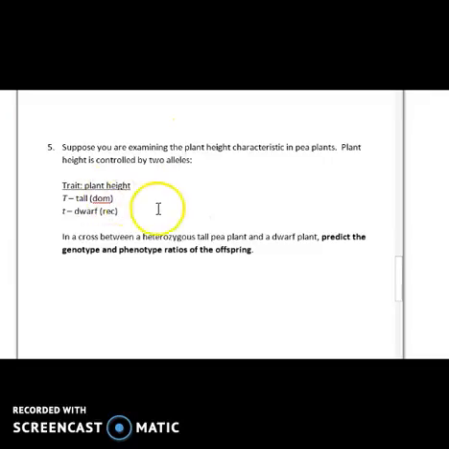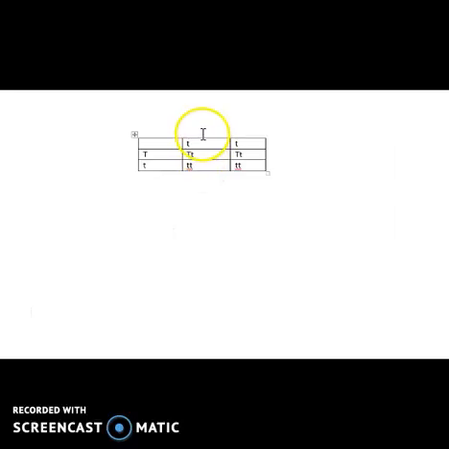Let's see, we have a heterozygous tall and a dwarf. Since the dwarf is recessive, we know the genotype would be tt, or lowercase t, and heterozygous tall will be T uppercase, lowercase. So when you do the cross, you have these 4 results here.